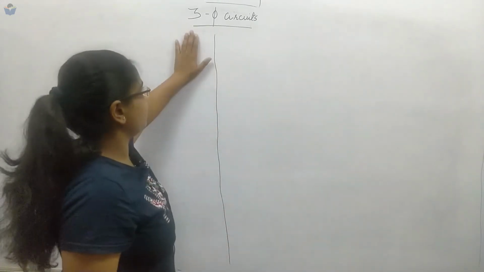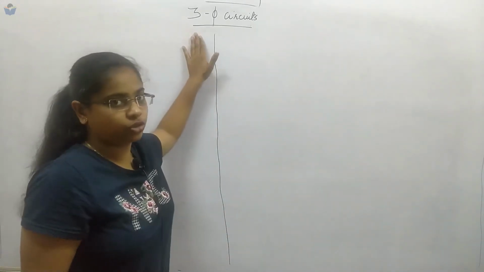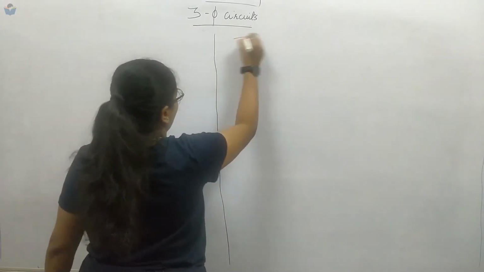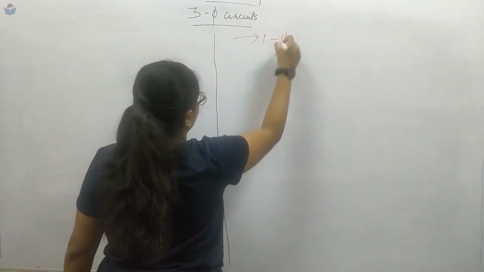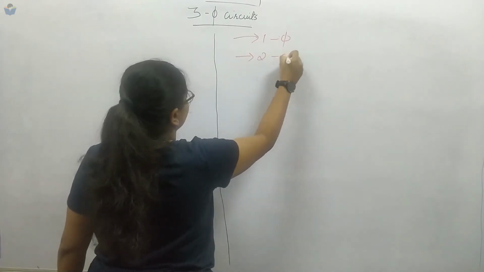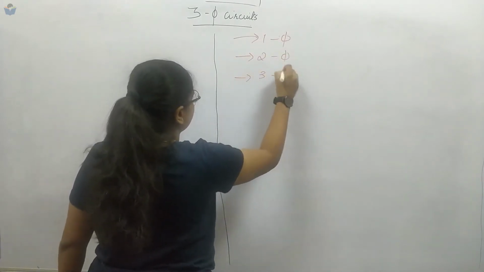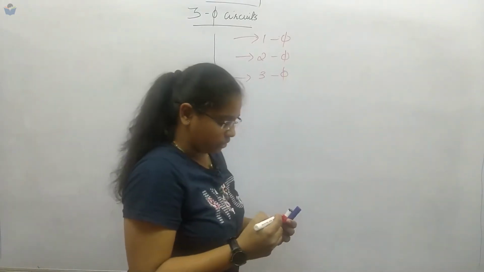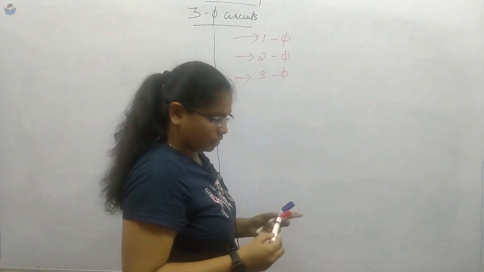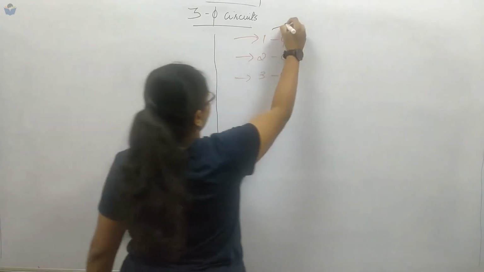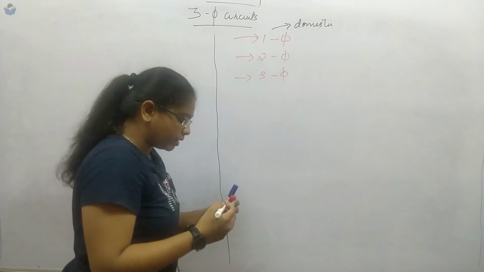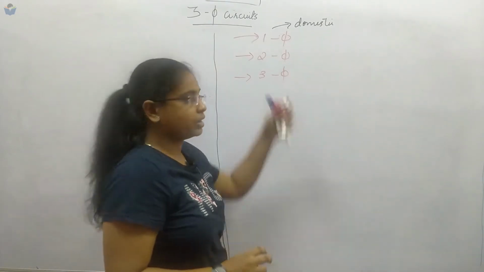Now coming to this three-phase circuit, where it is used? Before that, we can classify circuits as one-phase circuits, two-phase circuits and three-phase circuits, right? They all have different applications, among which one phase is used for domestic, whatever supply we get is from a one-phase supply, right?